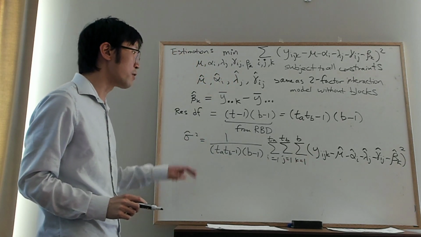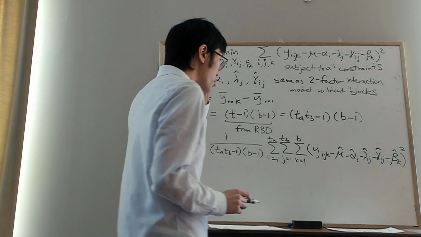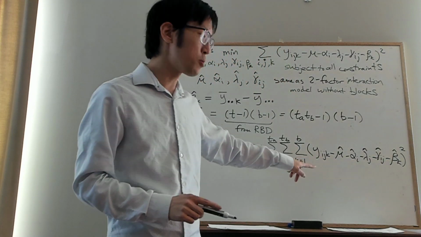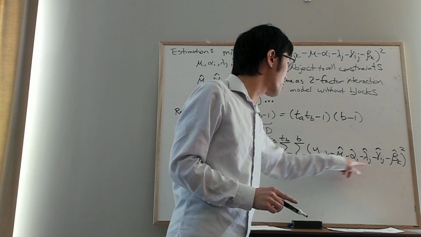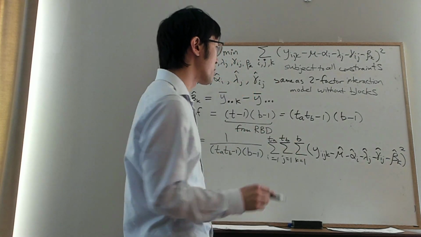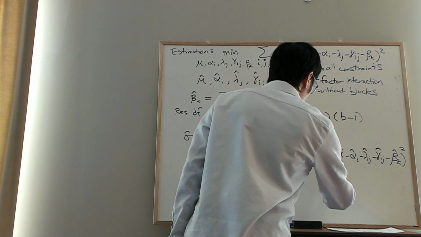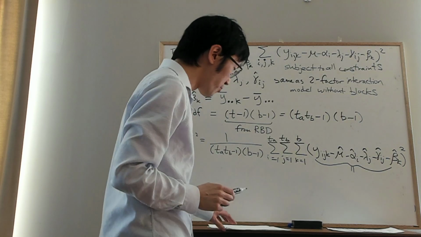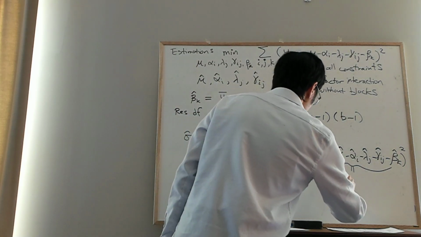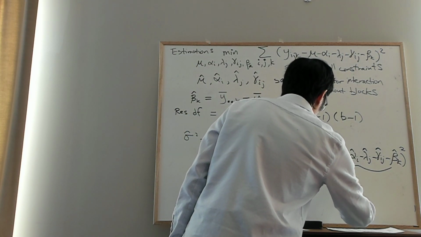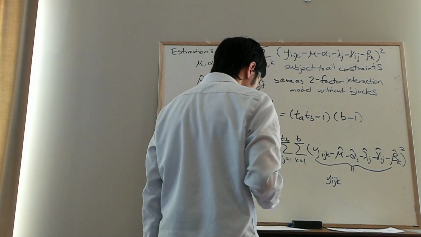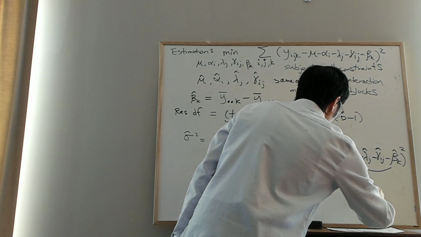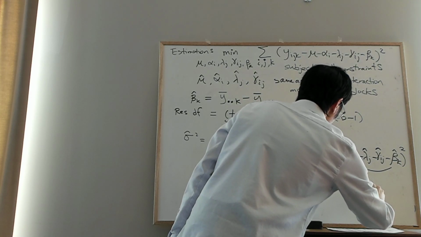And just like before, we can plug in all the estimates we have now found for these 5 sets of parameters. So we can plug in everything and then simplify. I'll just give you the simplified expression. After plugging everything in, this can be reduced in terms of the y's. It's the observation minus the treatment mean.